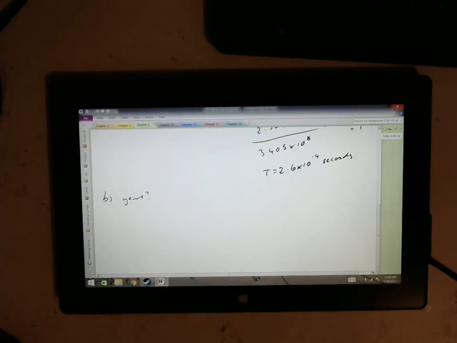Alright, how many seconds are in a year? So let's first off convert it to minutes. Divided by 60 for how many minutes? Divided by 60 for how many hours? How many days? Divided by 24. And I assume they mean Earth years in this case.